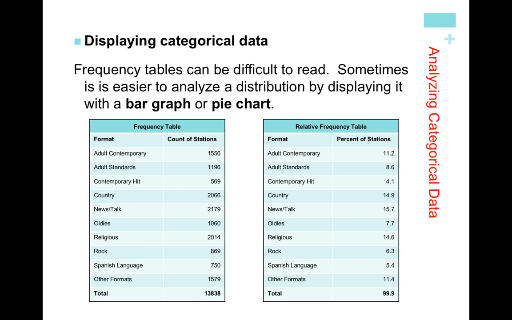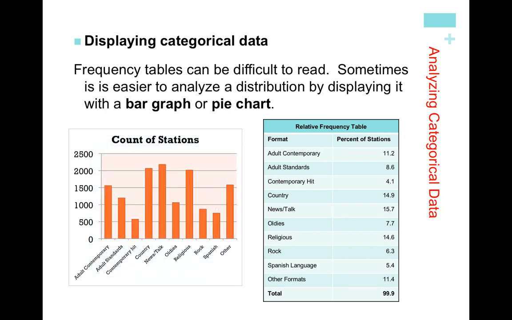So here, the bar graph is something that you can easily make either using technology or you can just draw by hand. Your bar graphs are going to have the variable outcomes, so the different station types in this case, on one axis, and then the number of stations on the y-axis. So we've got the frequency over here.